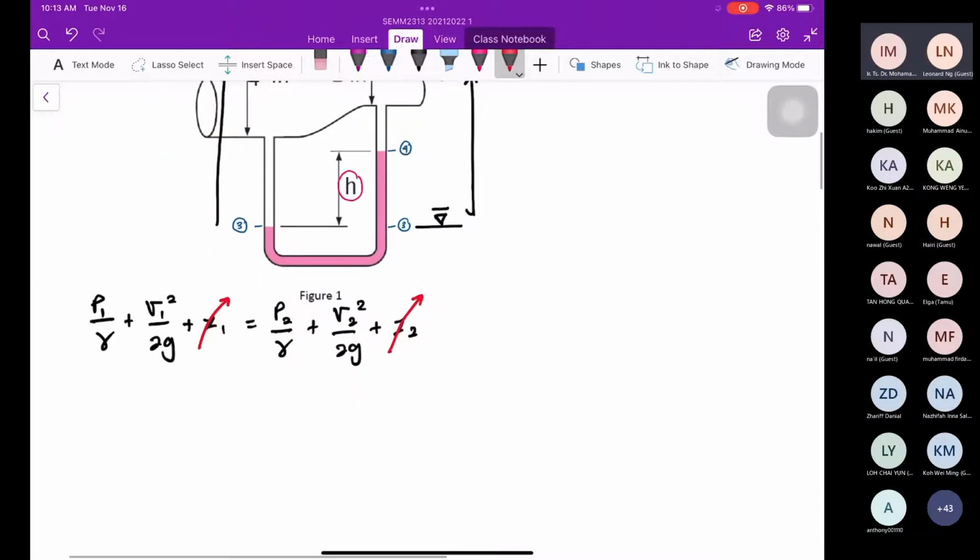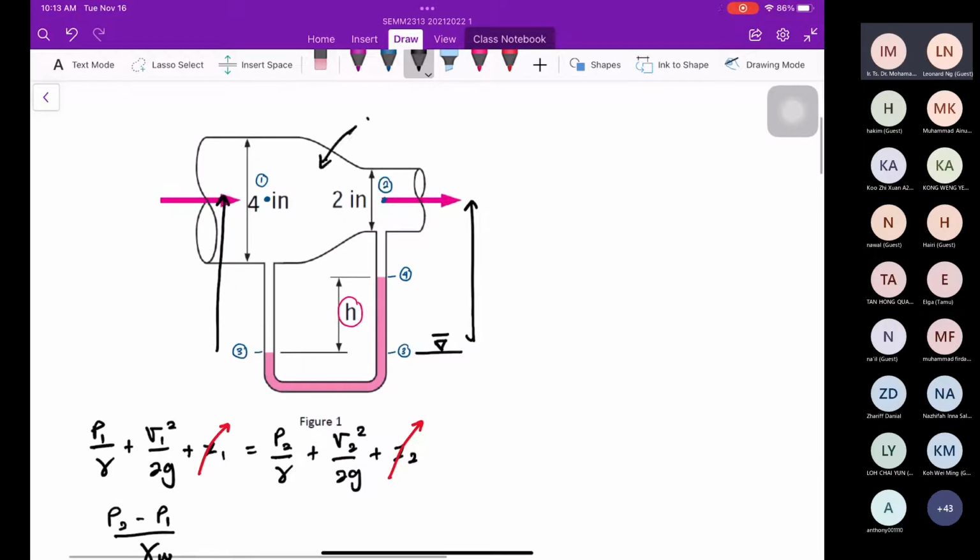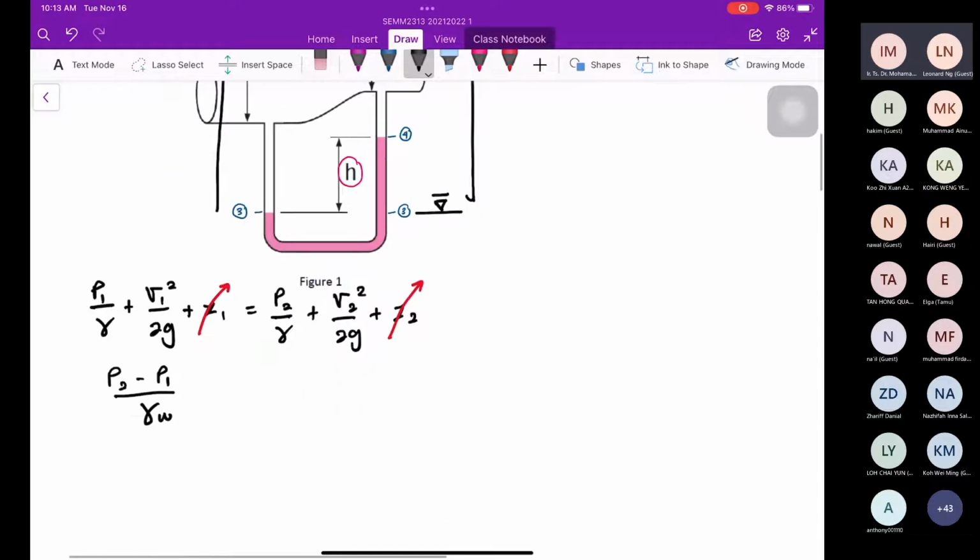Now we can simplify the equation. P2 minus P1 over gamma of water, we consider this gamma of water, equal to V1 squared minus V2 squared over 2g.